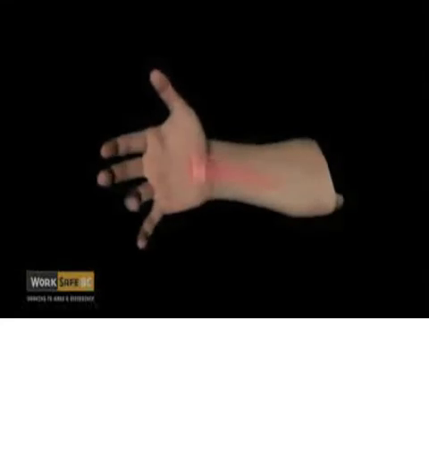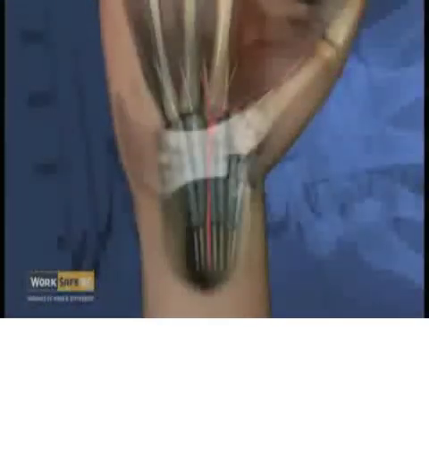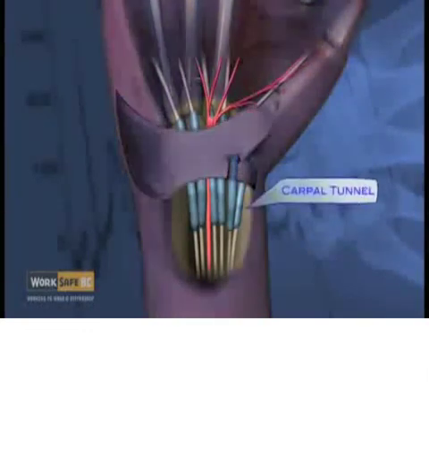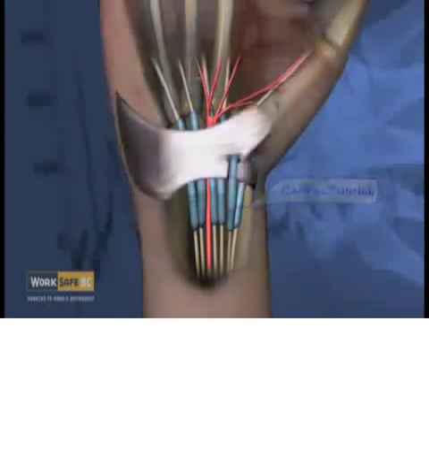To understand carpal tunnel syndrome, it helps to understand the anatomy of the wrist. The wrist contains tendons and nerves inside a narrow tunnel. This narrow tunnel, the carpal tunnel, has a fixed diameter.